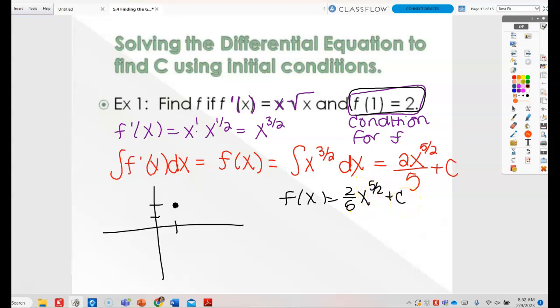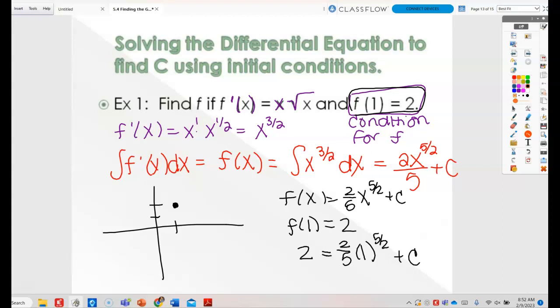But that same f of x says that f of 1 must equal 2. Then it's fair to say that 2 equals 2/5 times 1 to the 5/2 plus c. And then I can determine what that c must be.